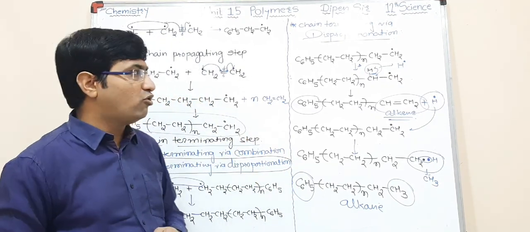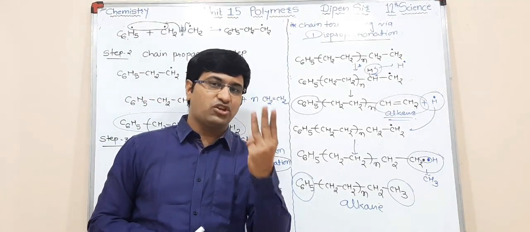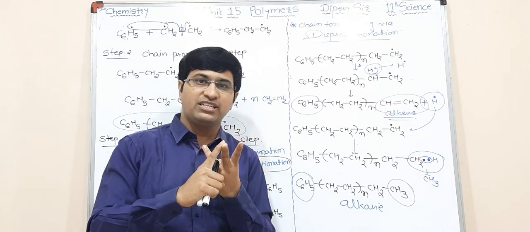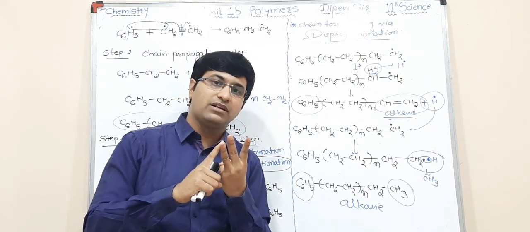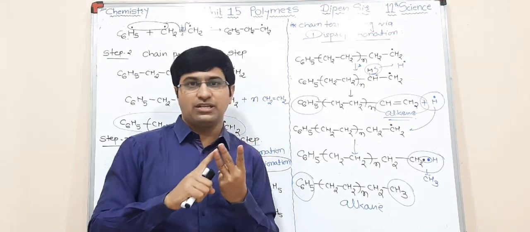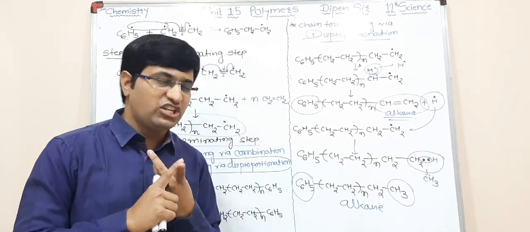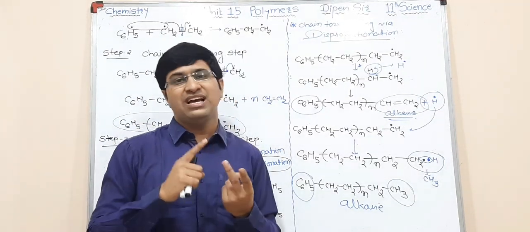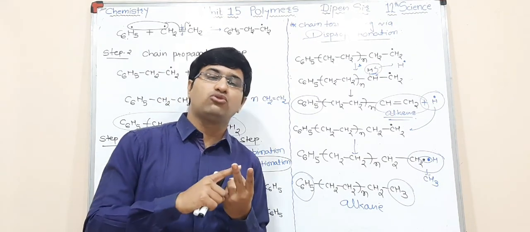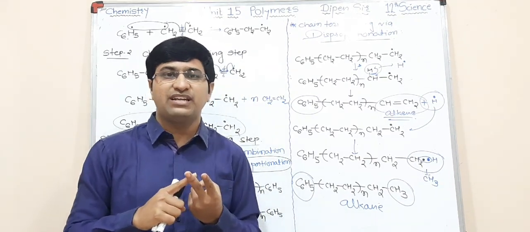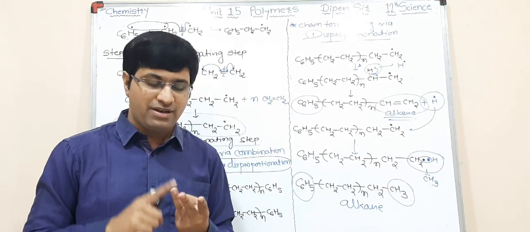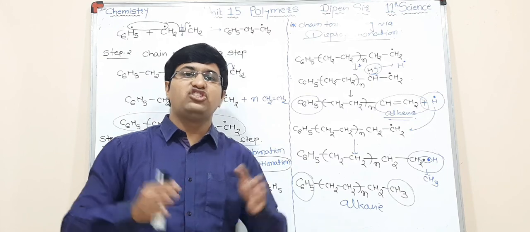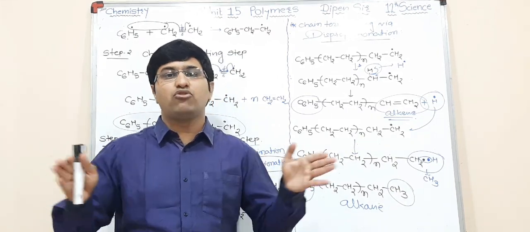This process of polymerization takes place in three steps: chain initiation, chain propagation and chain termination. In the chain initiating step, we have a mixture of ethene monomers and catalyst that is exposed to heat and produces the free radical. In the chain propagating step, that free radical combines with n numbers of monomers and the chain grows.